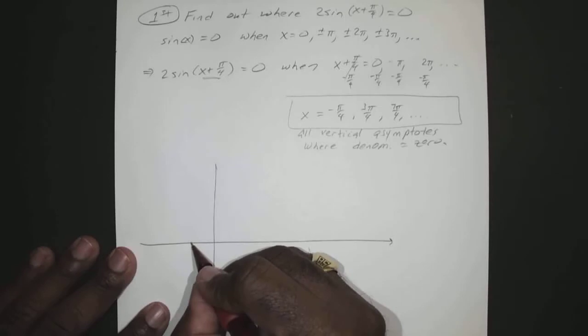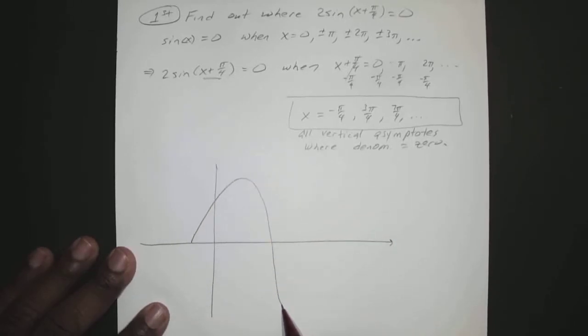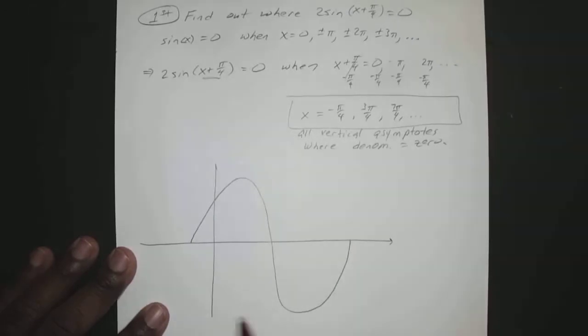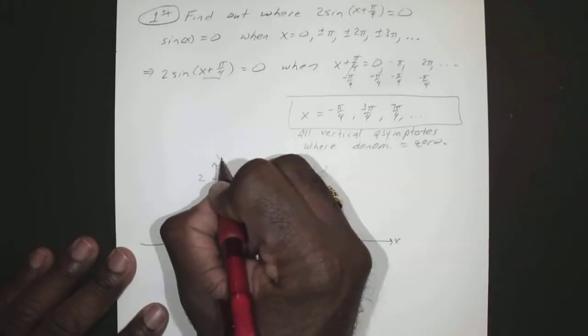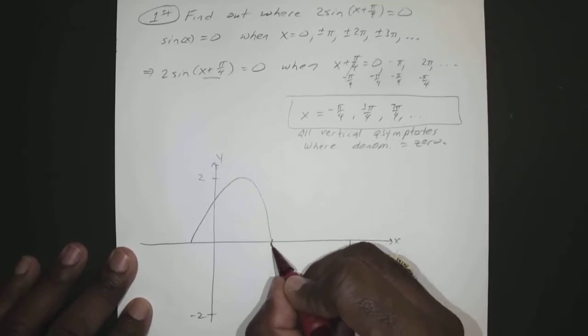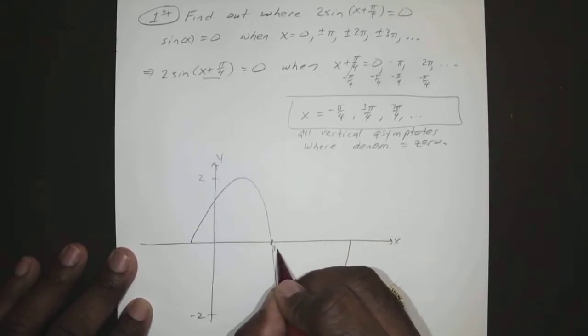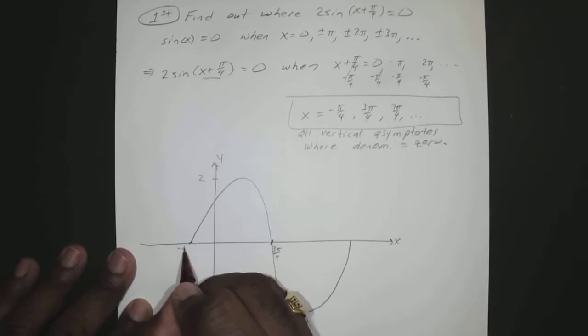Okay, so remember it did shift. And it went from -2 to 2 on our x and our y. This is our 3 pi over 4. This is our negative pi over 4.